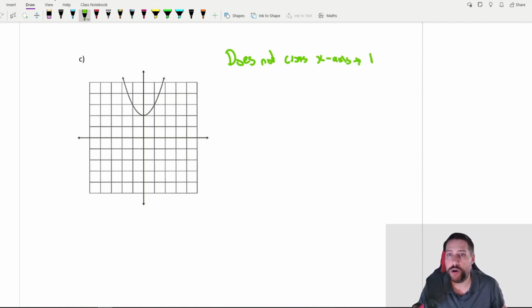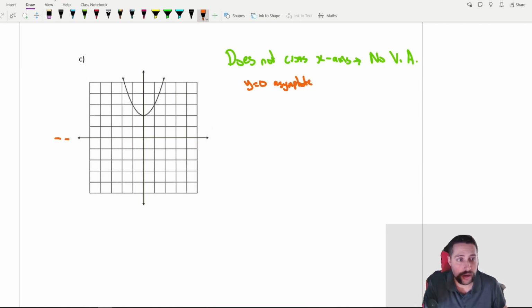That means that there are no vertical asymptotes. Okay, so that's what this particular graph means. But we still do have a y = 0 asymptote. So we can still add that part in. We will still have an asymptote at y = 0.